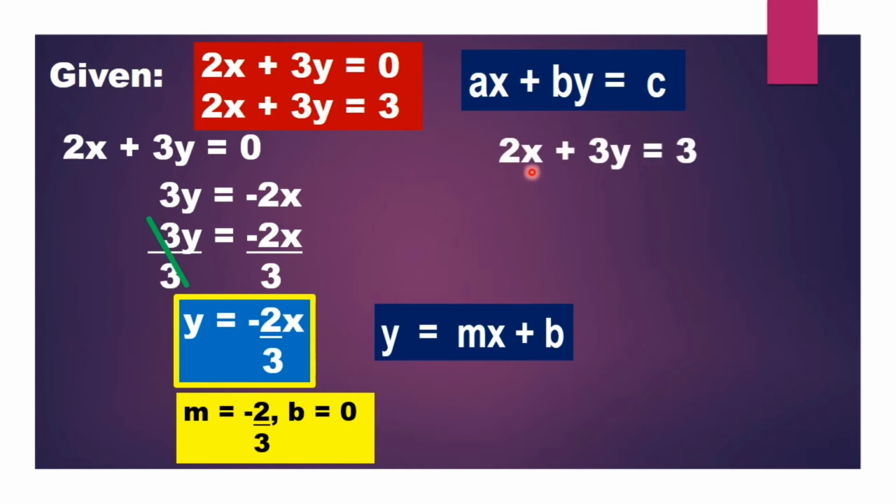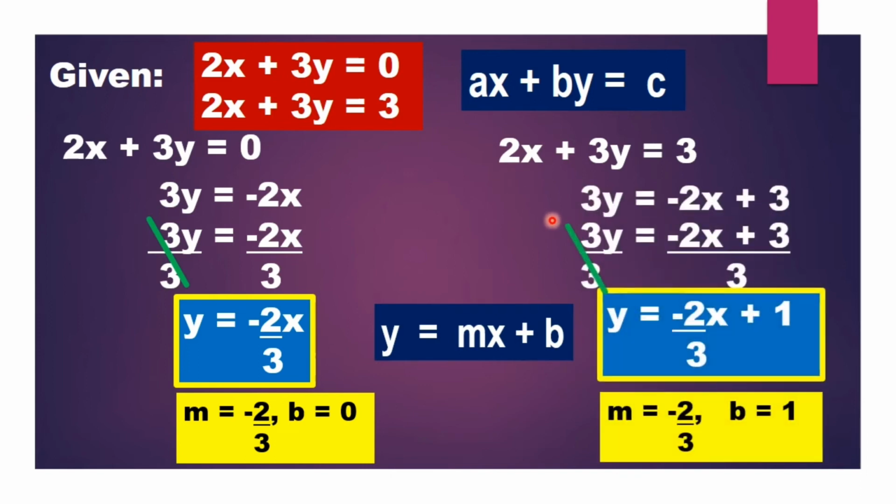Then 2x plus 3y equals 3. Solving for y, transpose 2x to other side, becomes negative 2x. So we have 3y equals negative 2x plus 3. Then divide both sides by 3 to eliminate 3 here. So 3 divided by 3 is 1.